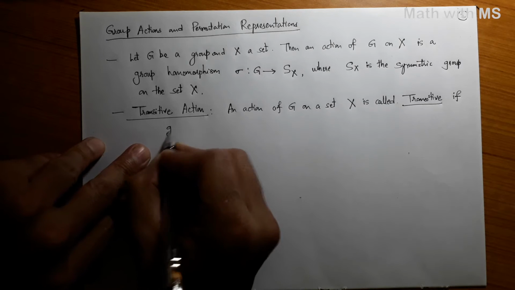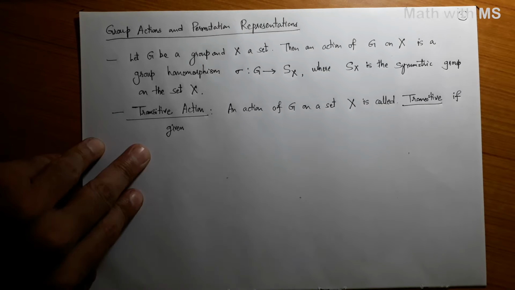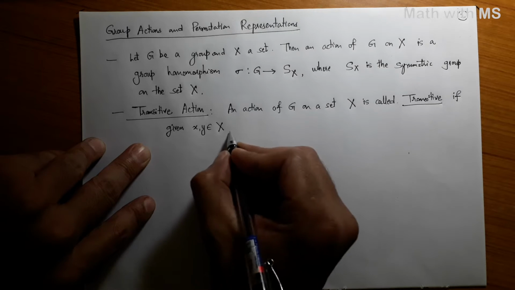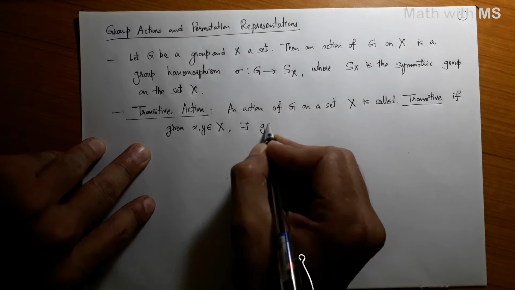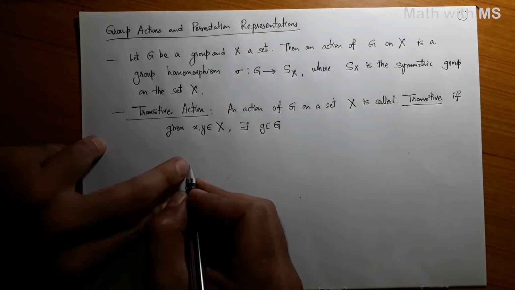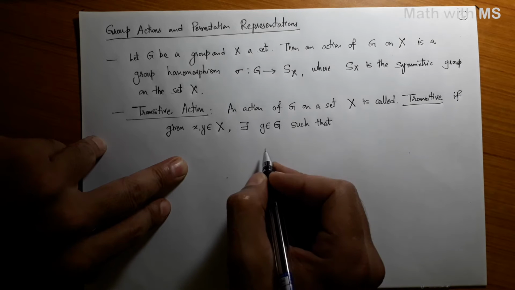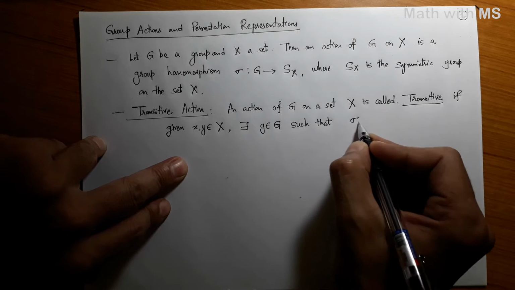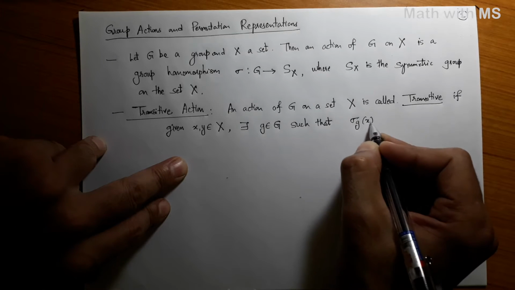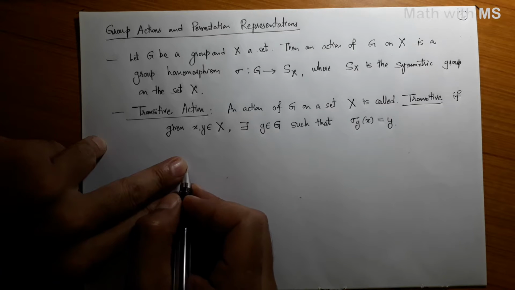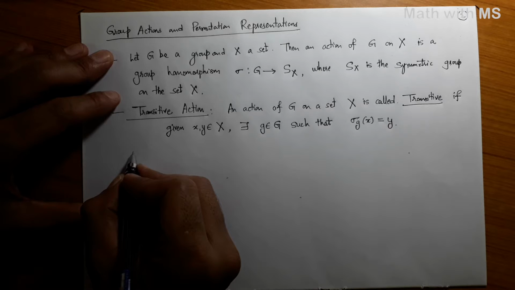That is, for x and y in X, there exists a g in G such that sigma_g of x is y.